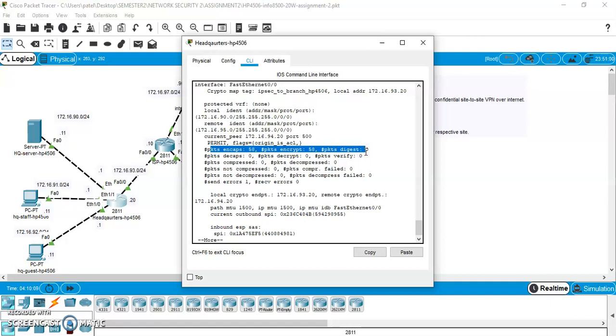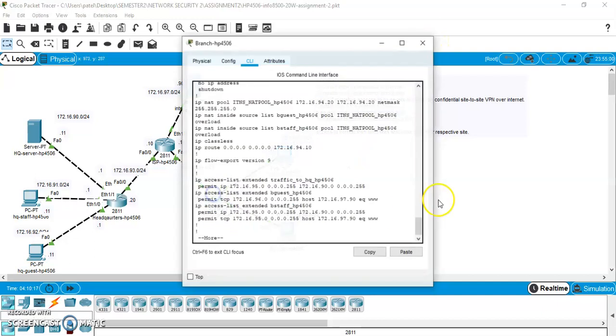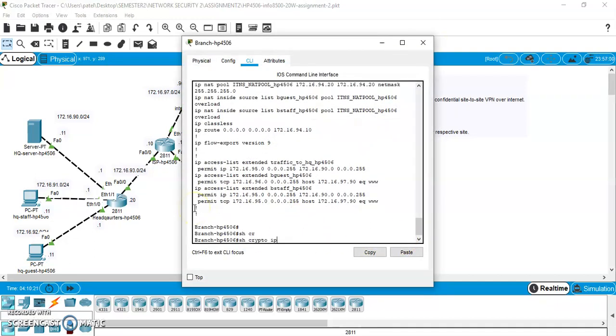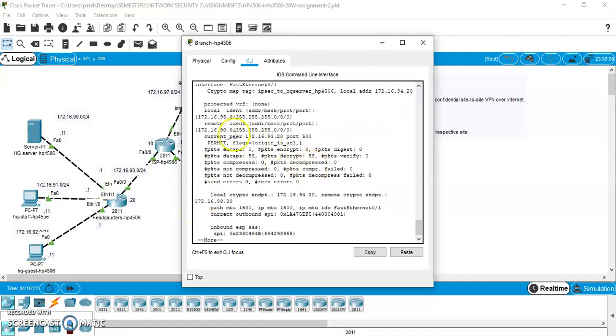That means when we access the staff network from the branch side to the headquarters side, the packets are being encrypted. And we can see here on the branch side the packets are decrypted. So the process of encryption and decryption which should happen in VPN tunneling is happening.